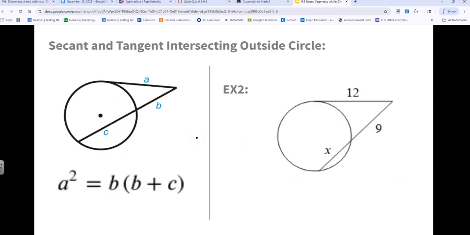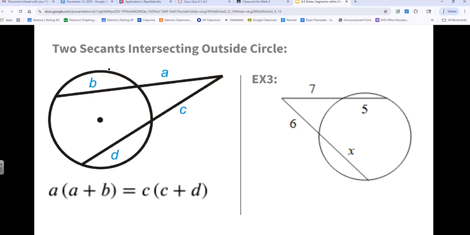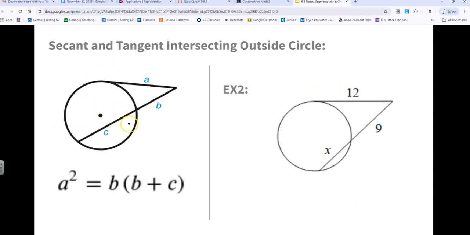Okay? All right, so these next two things that we're going to look at could really be used sort of with the same rule. But the rule looks pretty complicated, right?